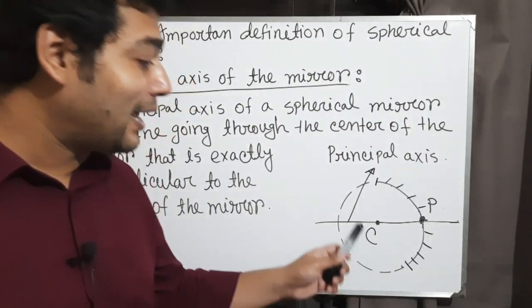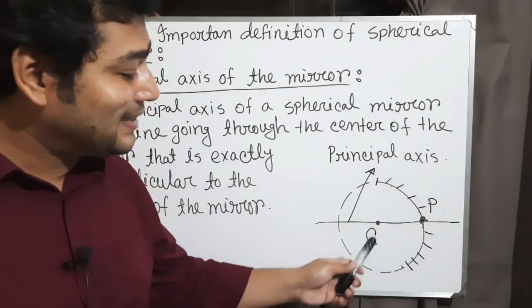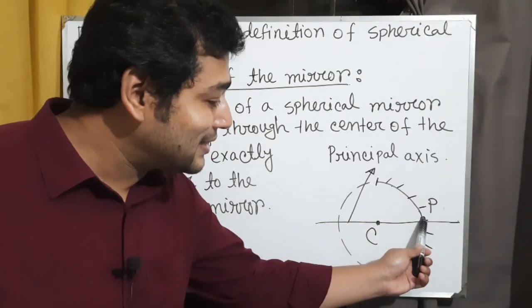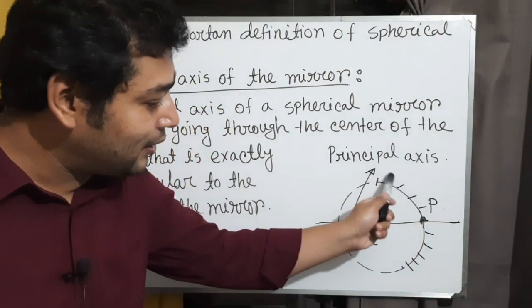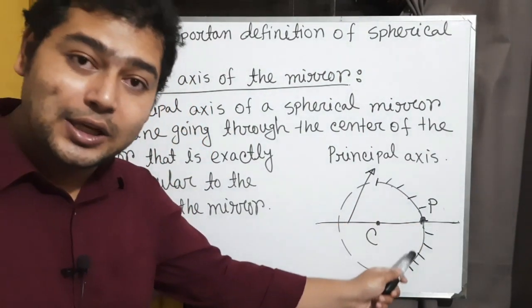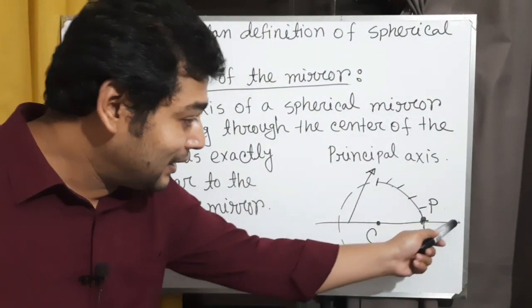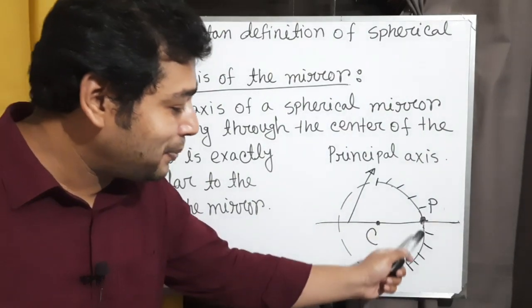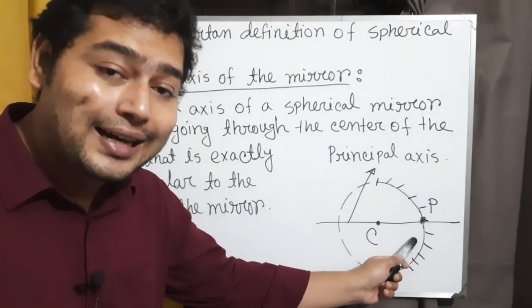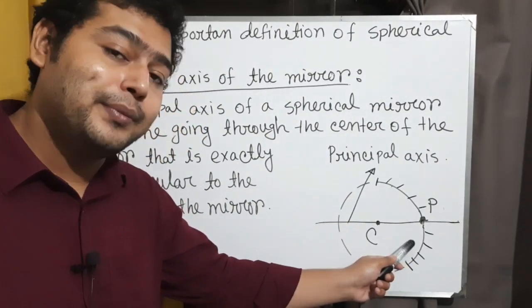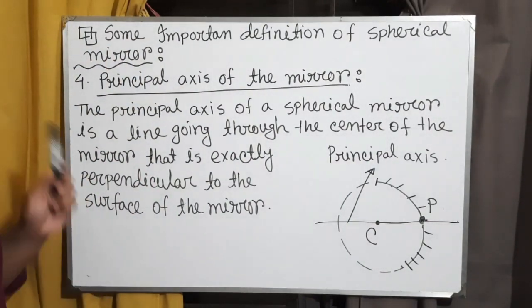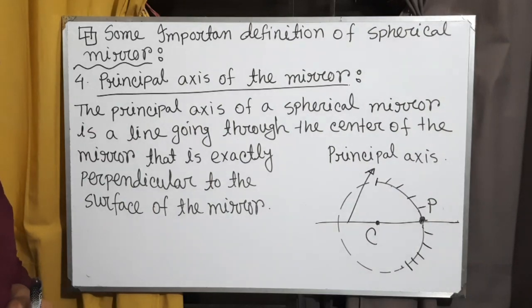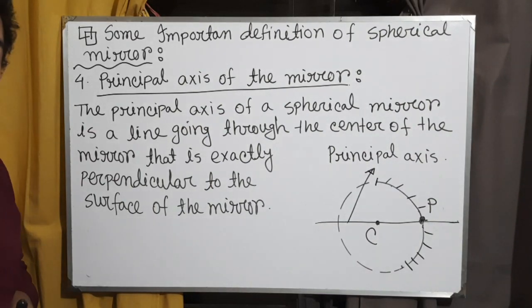Here you see that the principal axis is perpendicular to the surface of the mirror. This is the surface of the mirror, and the principal axis is perpendicular to it. Now I repeat the definition again. What is called the principal axis of the mirror?